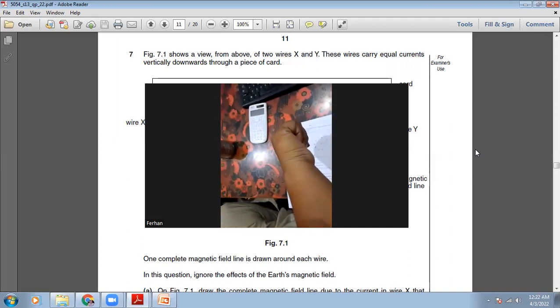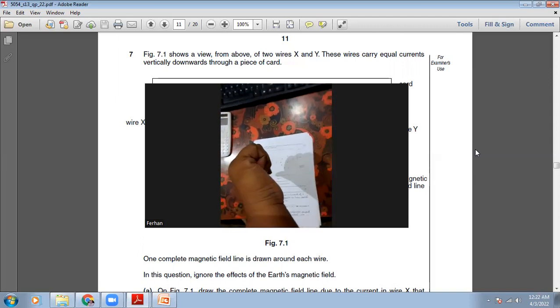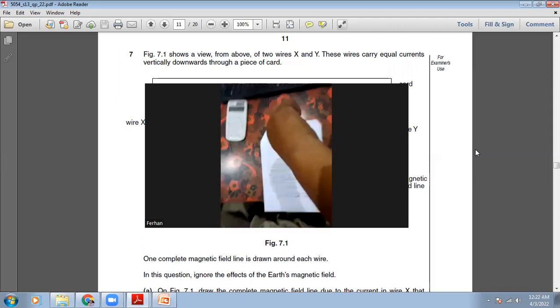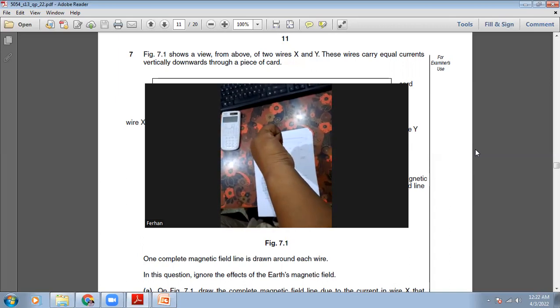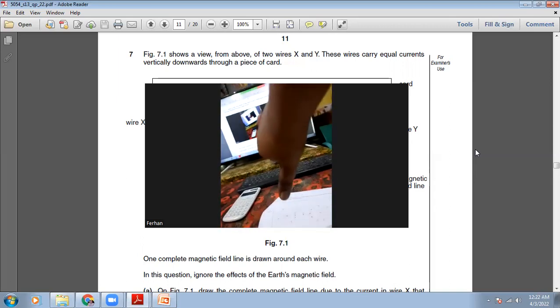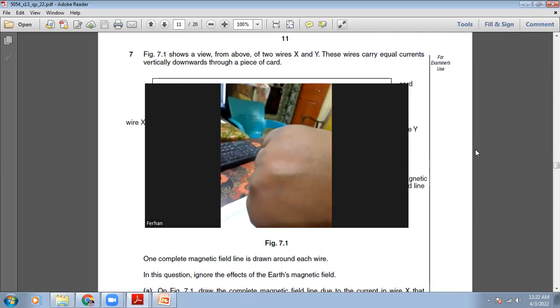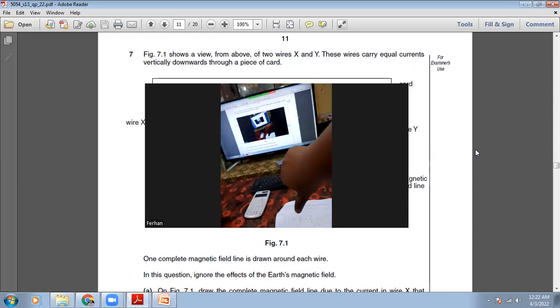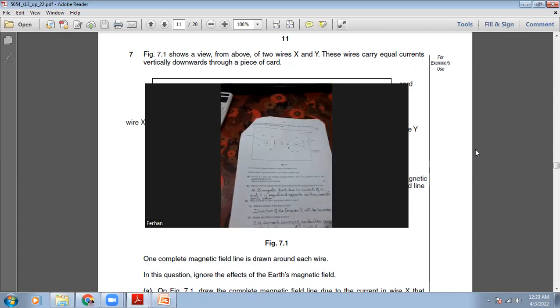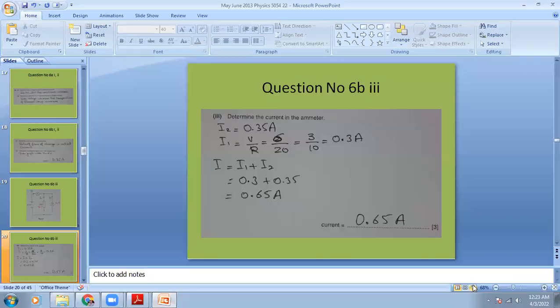The curl of the fingers of my right hand shows the direction of the magnetic field around it. So if you look at it from the top, they're clockwise. When the current is going into the page, the direction of the magnetic field will be clockwise. Hope you understand. So here it should be clockwise. So I'll put arrows. I've done this.